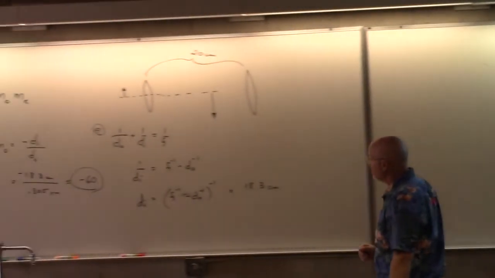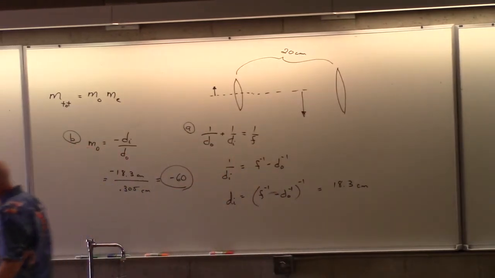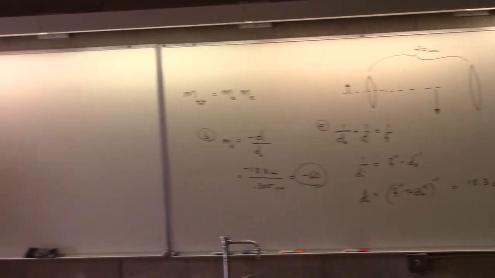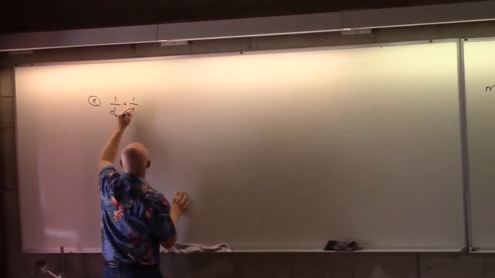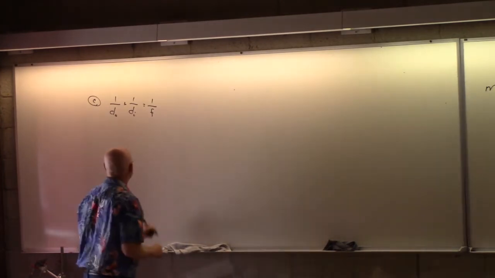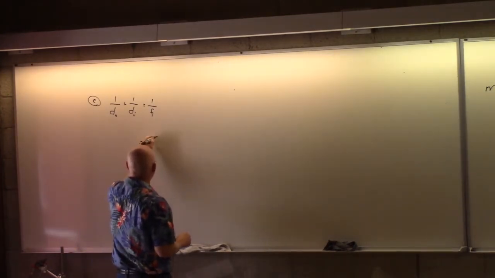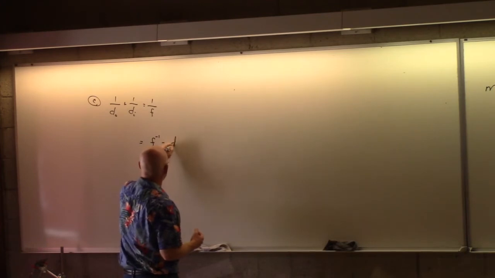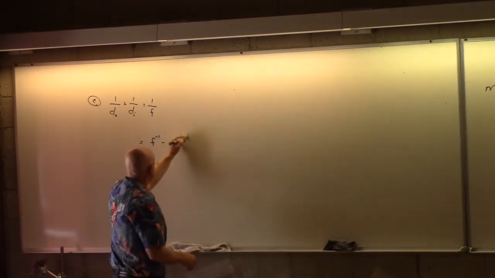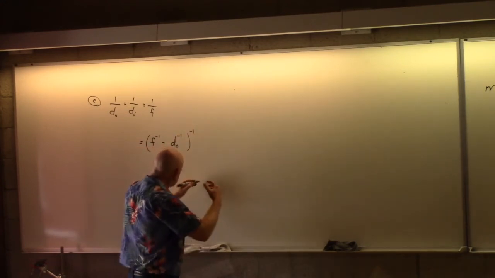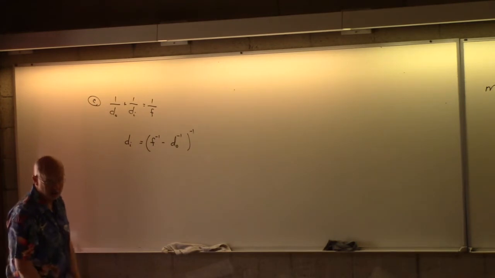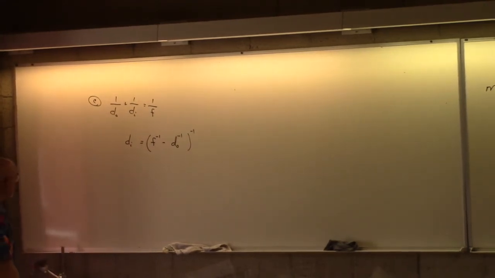All right. So I need to do this calculation again. The 1 over the object distance plus 1 over the image distance equals 1 over the focal length, which, as we said earlier, you could take the reciprocal of the focal length, subtract off the reciprocal of the object distance, take the reciprocal of that, and that's how you get the image distance.